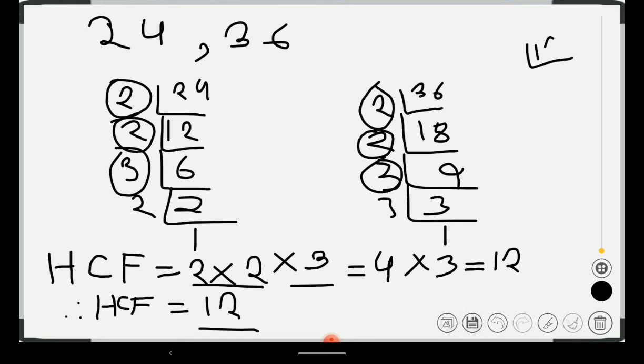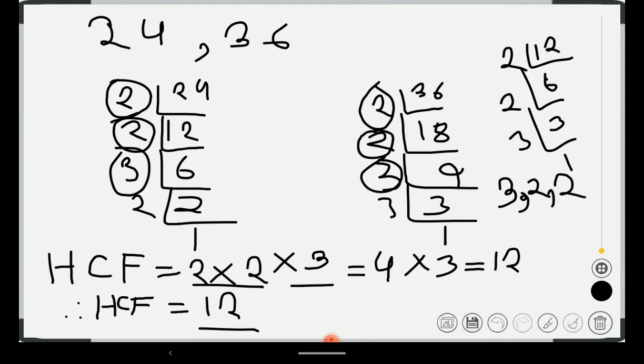So let me prime factorize 12. 2 6s are 12, and 2 3s are 6, and 3 1s are 3. So as you can see here also 2 into 2 into 3, and here also 2 into 2 into 3, which means our HCF is right. And the prime factors of 12 are 3, 2 and 2. Okay. Now let's move on to the next.